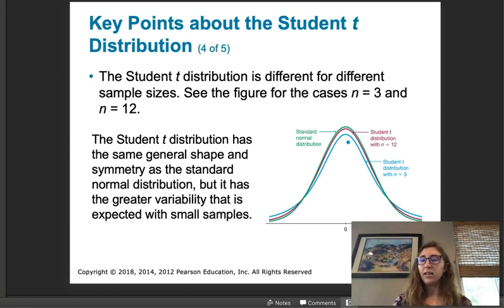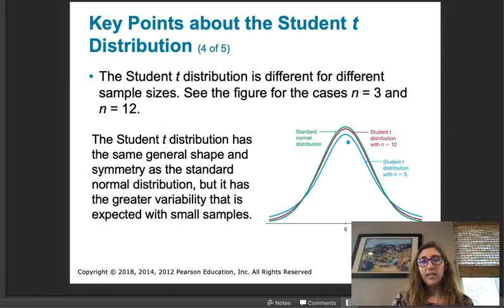And just to be clear, the reason we are doing this is because we very, very rarely know our population standard deviation. If we knew our population standard deviation, we would be able to use a standard normal distribution just like we did with our proportions.